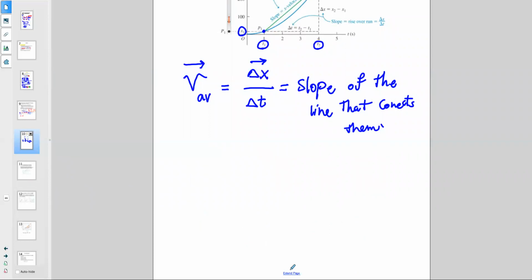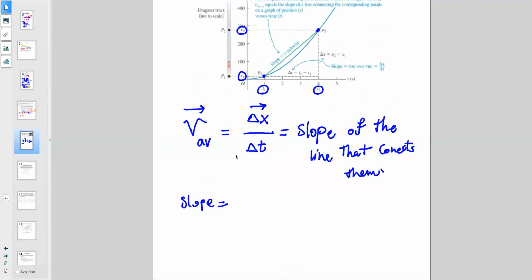Now, what is the slope of the line? You remember from basic math? The slope of a line, if you're looking at this, you have an angle here, which I would like to call theta. Okay, the slope of the line is the tan of that angle. Tangent of that angle is rise over run.